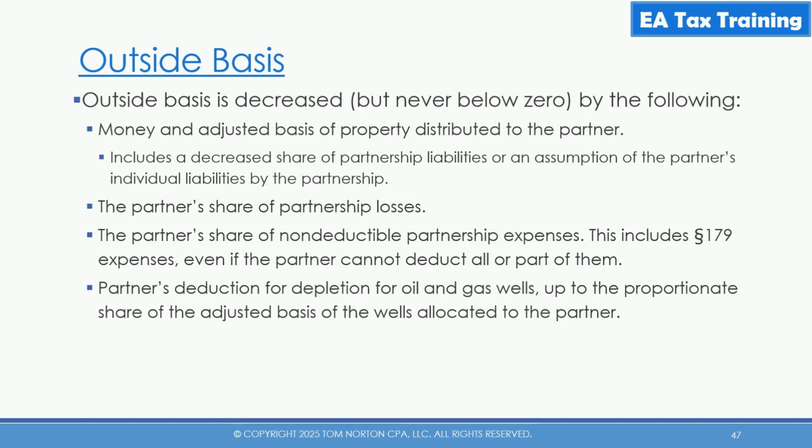And then finally, we've got more depletion. The partner's deduction for depletion for oil and gas wells up to the proportionate share of the adjusted basis of the wells allocated to the partner. So just remember, depletion for oil and gas wells decreases outside basis.